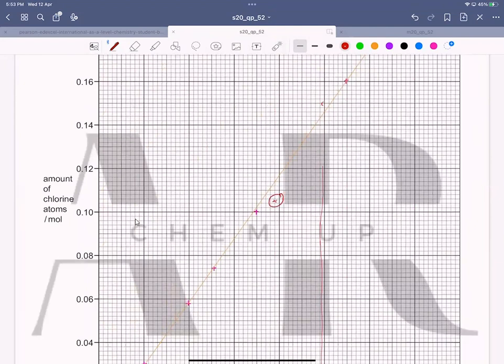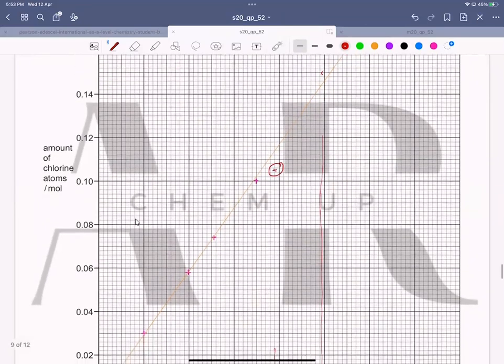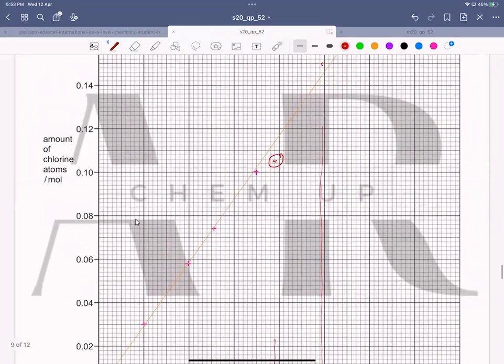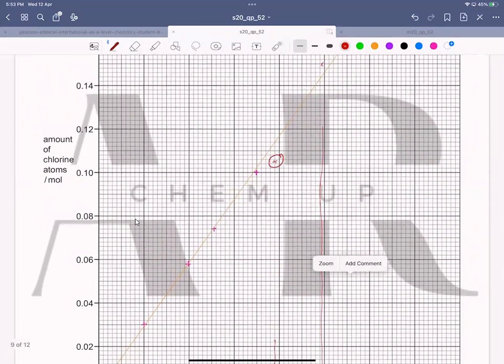I will circle this point because it is further away from the line, and now we have to figure out why this anomaly actually happened. Can anybody suggest any reason for this?